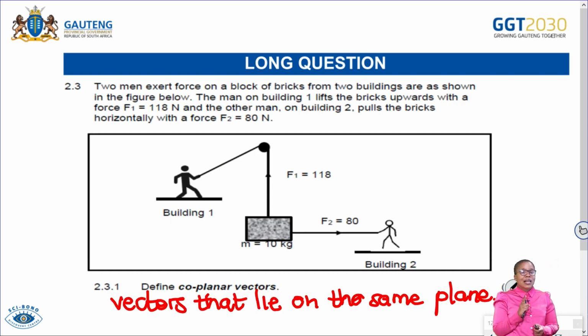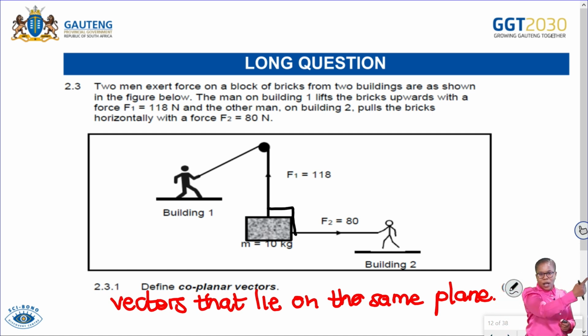In the vertical direction, you have F1, which is acting at a 90 degree angle to F2. Because it's acting at an angle, we need to calculate the vertical component of our F1.